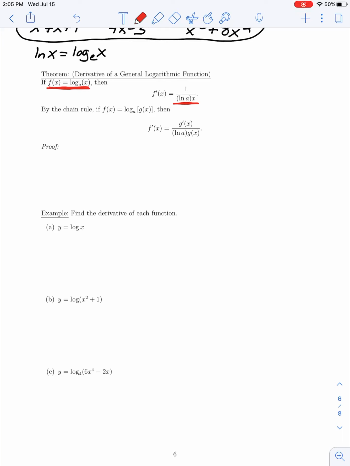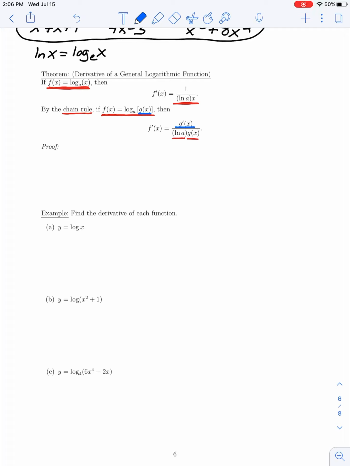Or extending this to a little more general case, if we have f of x is the logarithm base a of a function, g of x, then by making use of the chain rule, our derivative would be found by taking 1 over the natural log of the base a times the function g of x, which is our inner function. But using the chain rule, we then have to multiply by the derivative of that inner function, which gives us g prime of x.